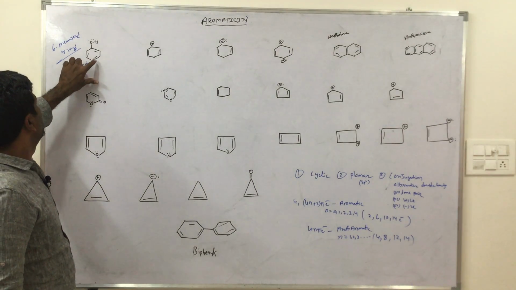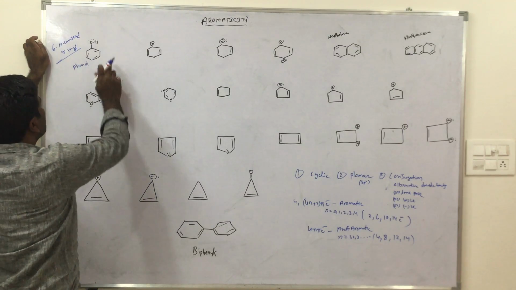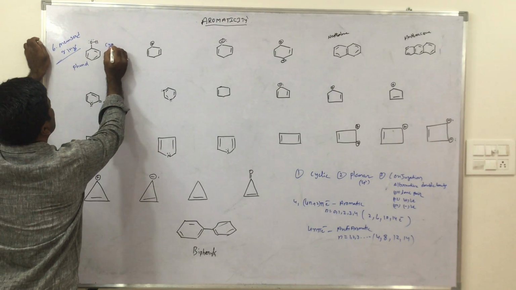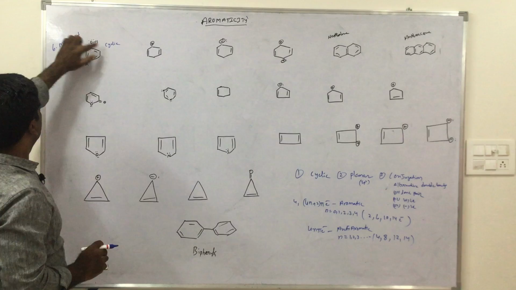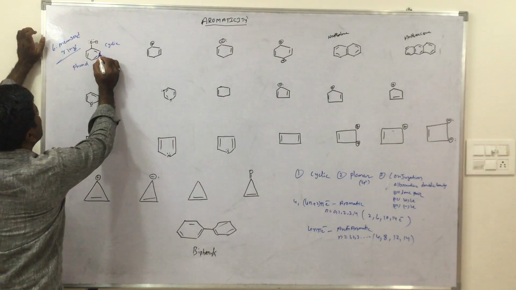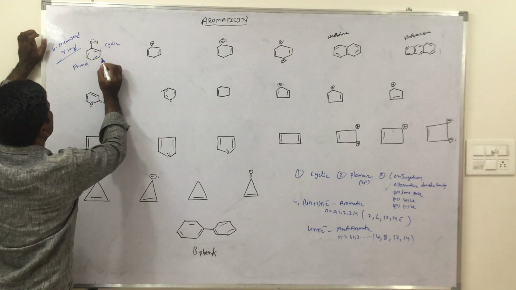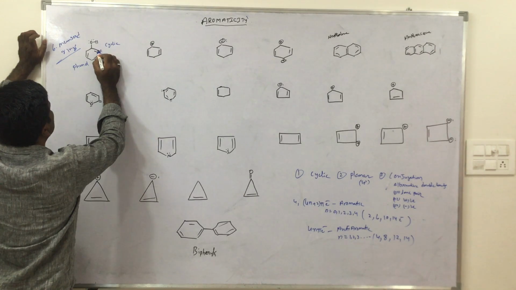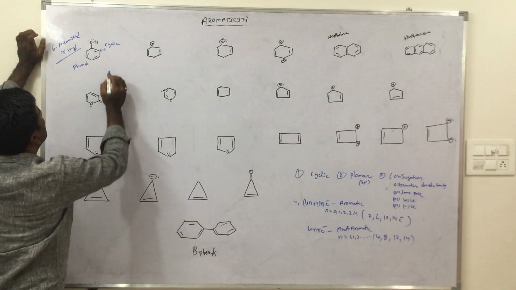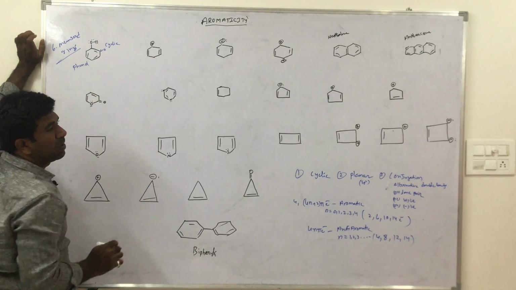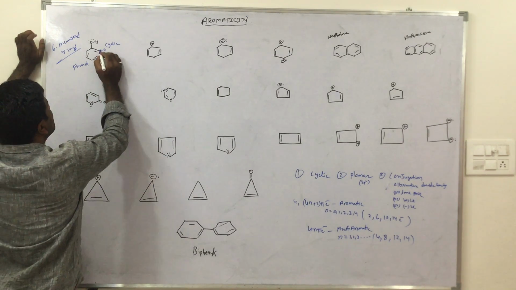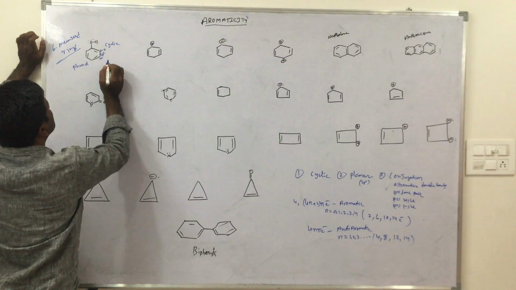This is a cyclic compound, and each carbon has 1 hydrogen and 3 sigma bonds, that is sp2 hybridization.